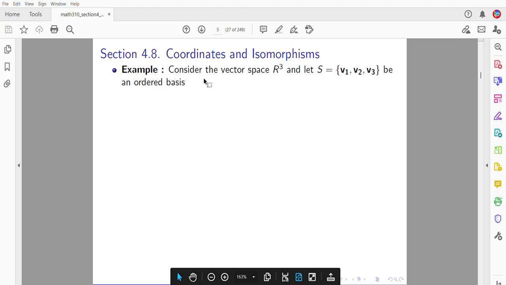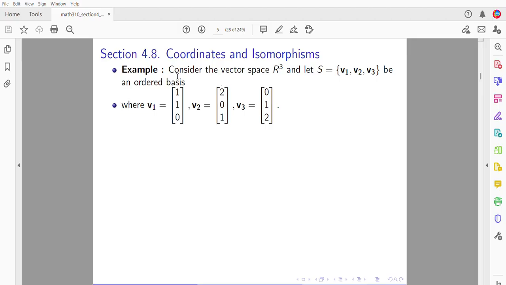Consider the vector space R3. So R3 is the set of column vectors with 3 entries. Let S be the set consisting of v1, v2, v3 in order. So that's an ordered basis where v1 is (1, 1, 0), v2 is (2, 0, 1), v3 is (0, 1, 2). You can check that these are linearly independent and that they span all of R3. We did set checking in our previous lesson.